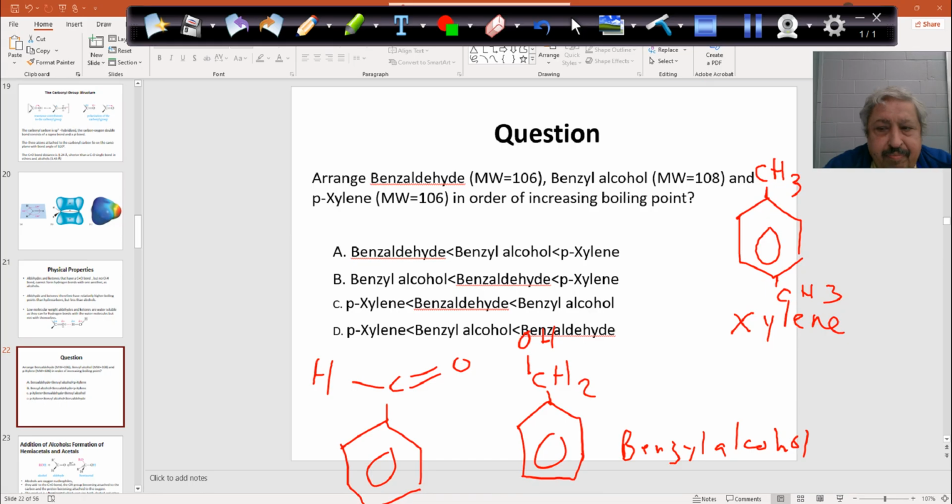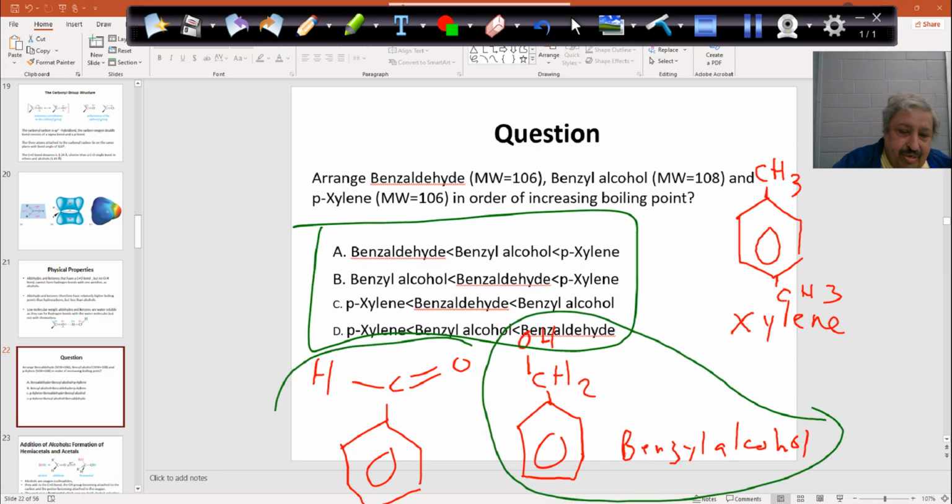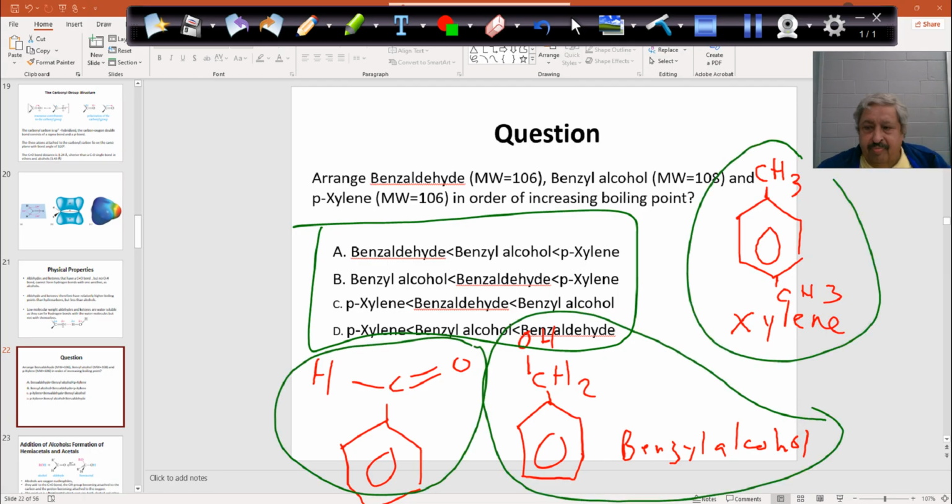So which one, according to you, will have the higher melting point? Ranking them by the number now. Don't worry about this. We are doing this, but in numbers. So, which one? This one here, or this one here, or this one here?